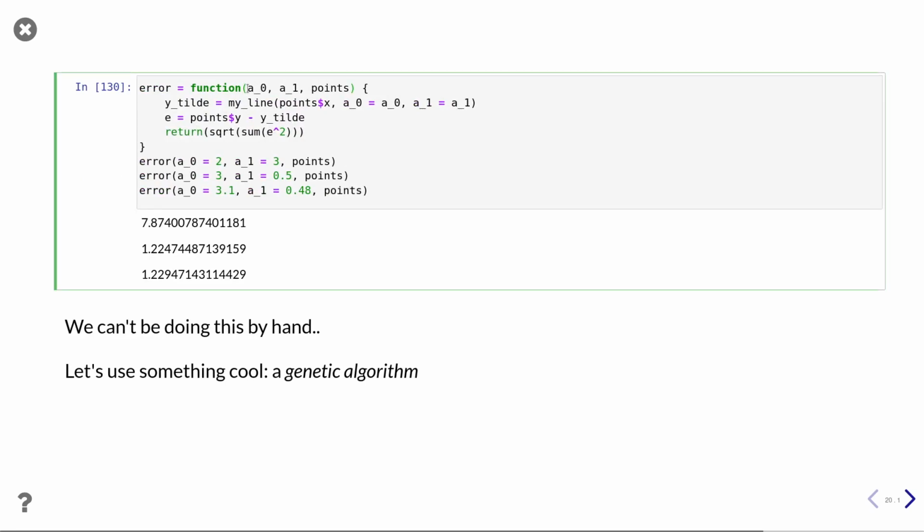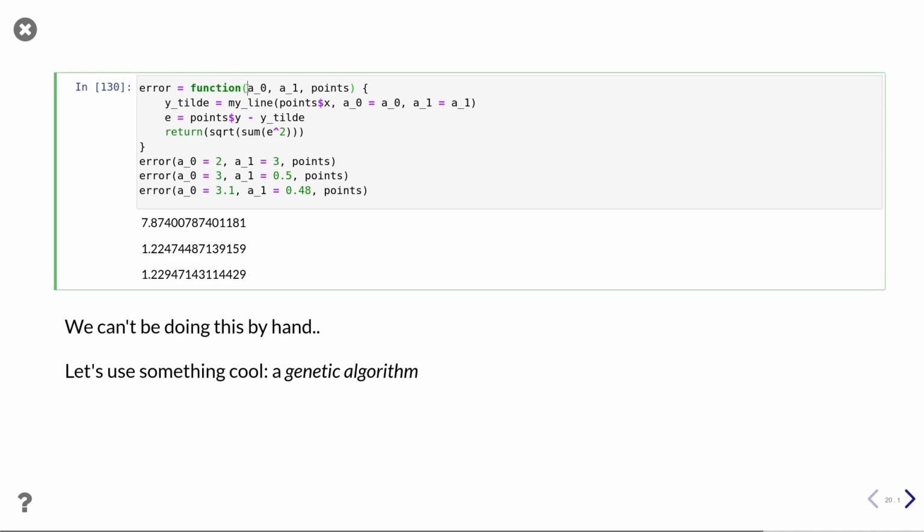It has A0, A1, which are the things we want to optimize. But I've also added this third argument, points. This is not something I'm going to optimize with respect to. Points is just something that I'm providing the function error so that it can do its job.